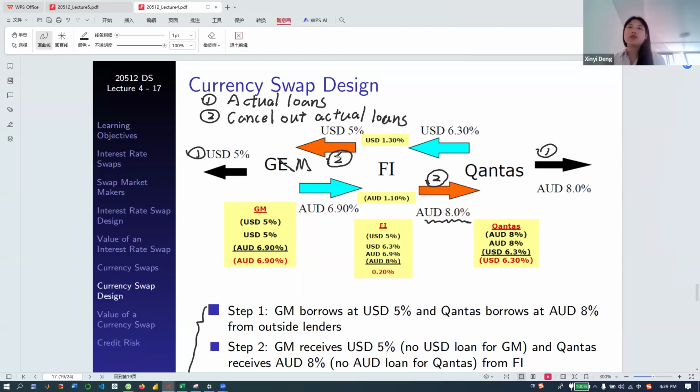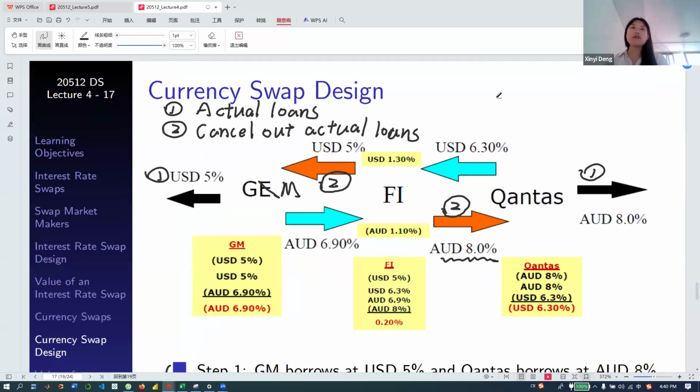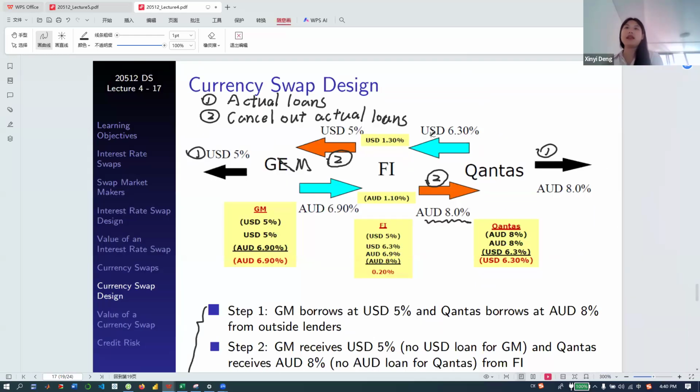So those two red arrows are the second step of canceling out the actual loan. And then the third step is that we work out what's left. So basically, the third step is where we are splitting the gains between two parties.